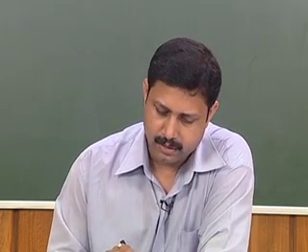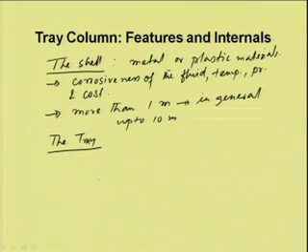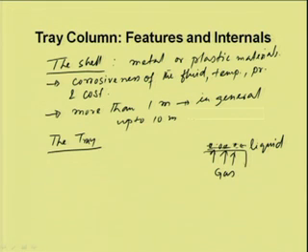So, in each stage the gas and liquid come into intimate contact, so gas bubbles through the liquid, and the liquid out from the tray and the gas out from that tray are in general in equilibrium.